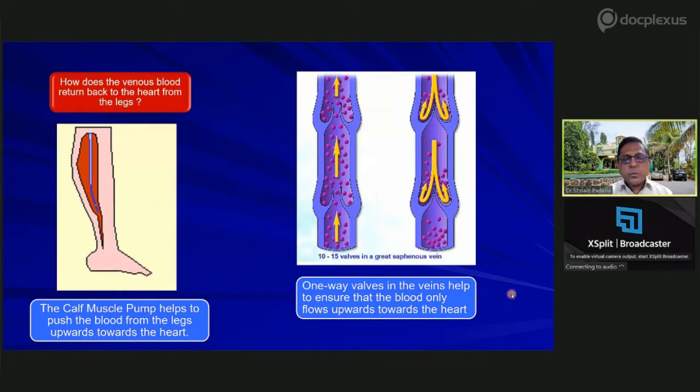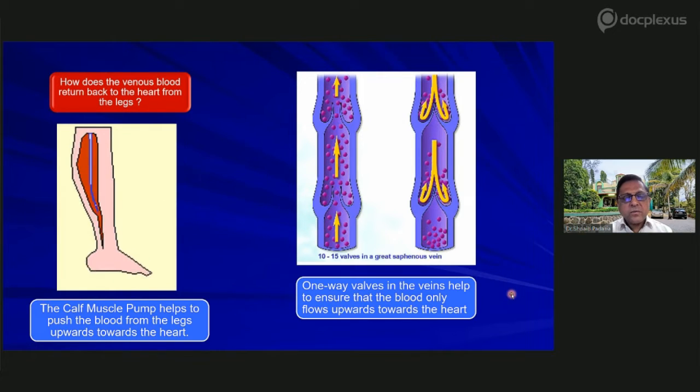Now, how does this venous blood from the legs go back to the heart? And this is the function of the calf muscle pump. When the calf muscle pump contracts, it basically squeezes the veins and this pumps this blood upwards. And because there are presence of one-way valves in the veins at various levels, this prevents the blood from coming back during relaxation of these muscles or when the patient is in an upright position.